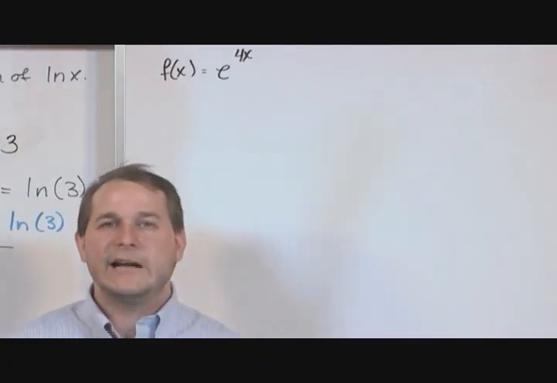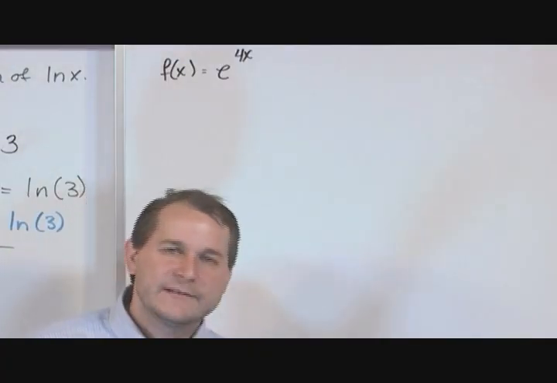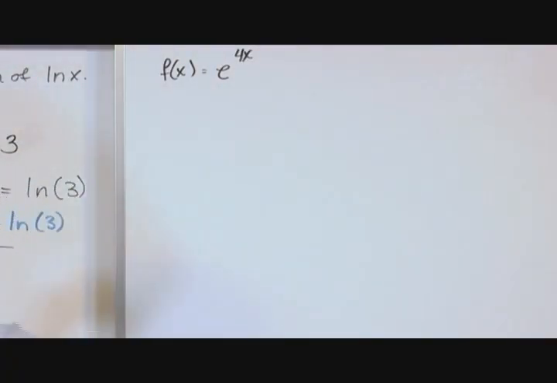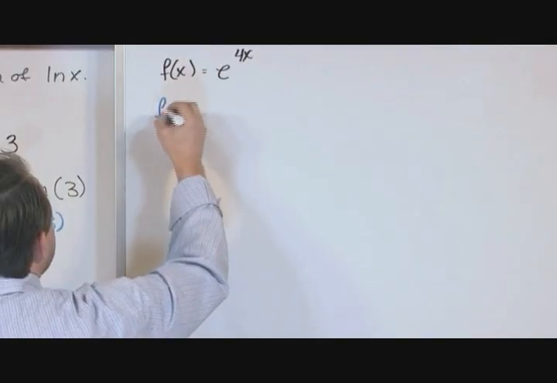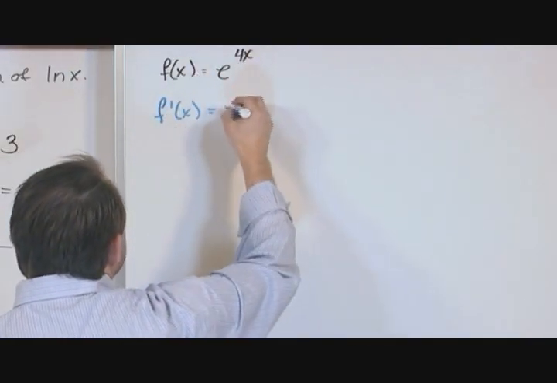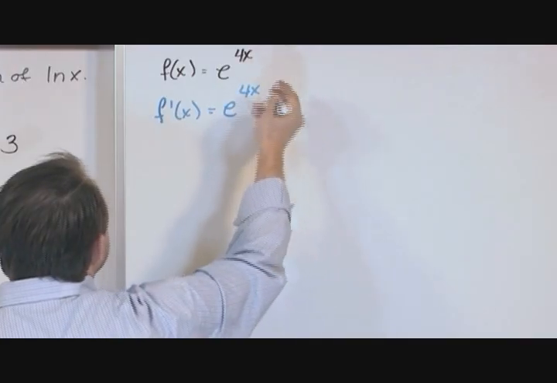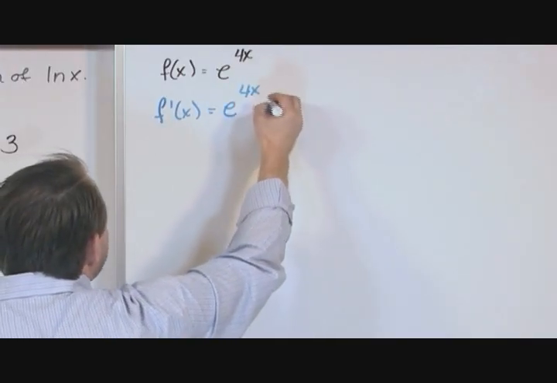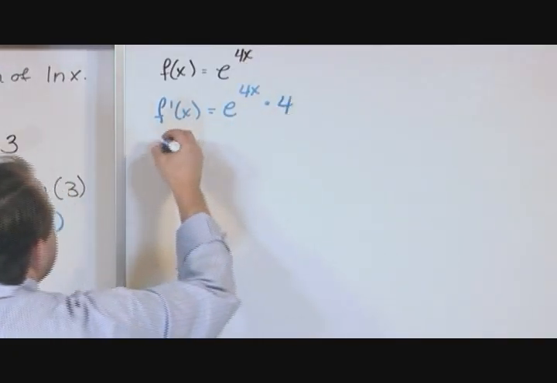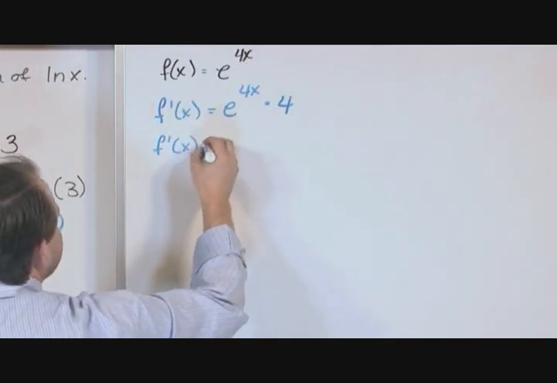It's much like sine of x squared. You have to take the derivative of the outside, then multiply by the derivative of the inside. So f prime of x: first you take the derivative of the big picture, which would be e raised to the 4x power because it's indestructible. But then you multiply by the derivative of the inside, which is just 4. So really, this is a very simple problem to calculate.